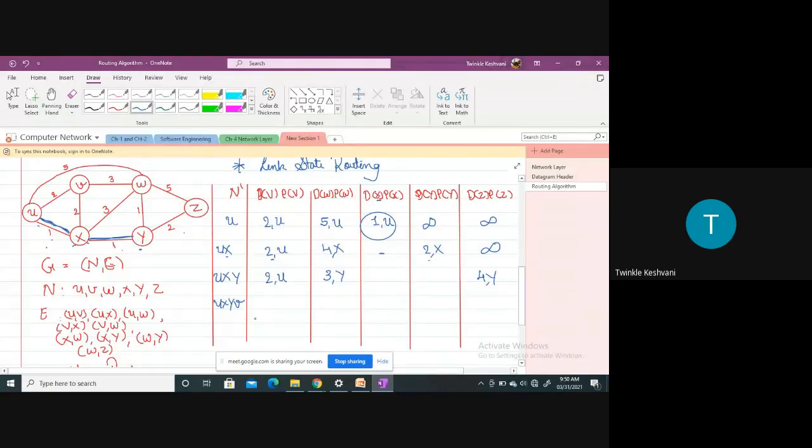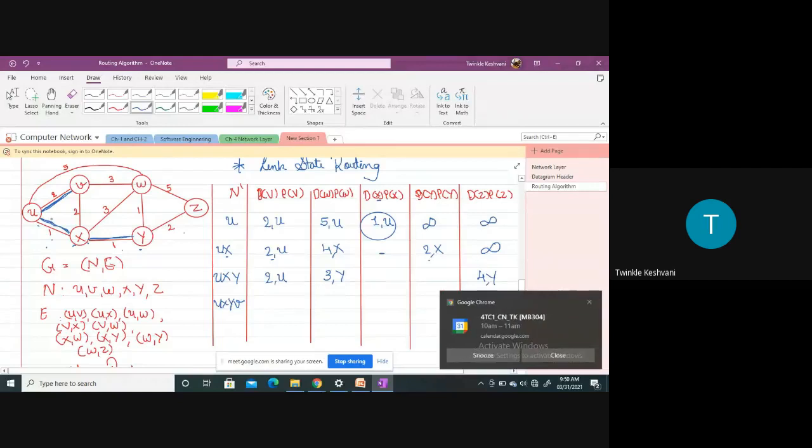So again, to reach w, we have many routes here. A path has been established here because we have added v, right? Now again to reach w, we have 4 routes: u to w, u v w, u x w, u x y w.